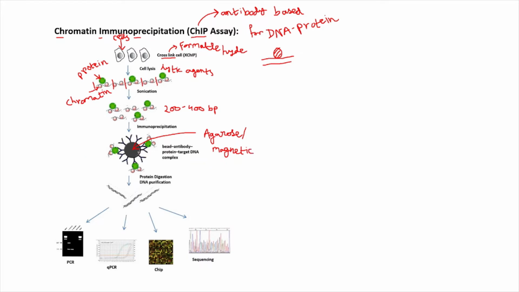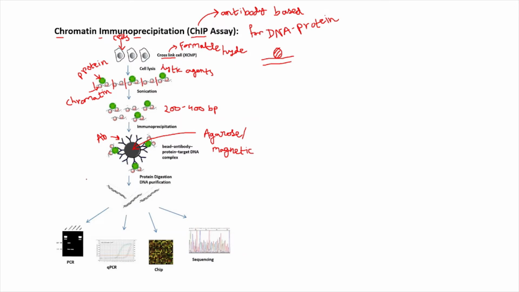And first you fix the antibodies. These are the fixed antibodies. So you fix the antibodies to the agarose beads, and then you allow these antibodies to react with these small fragments of protein-bound chromatin.